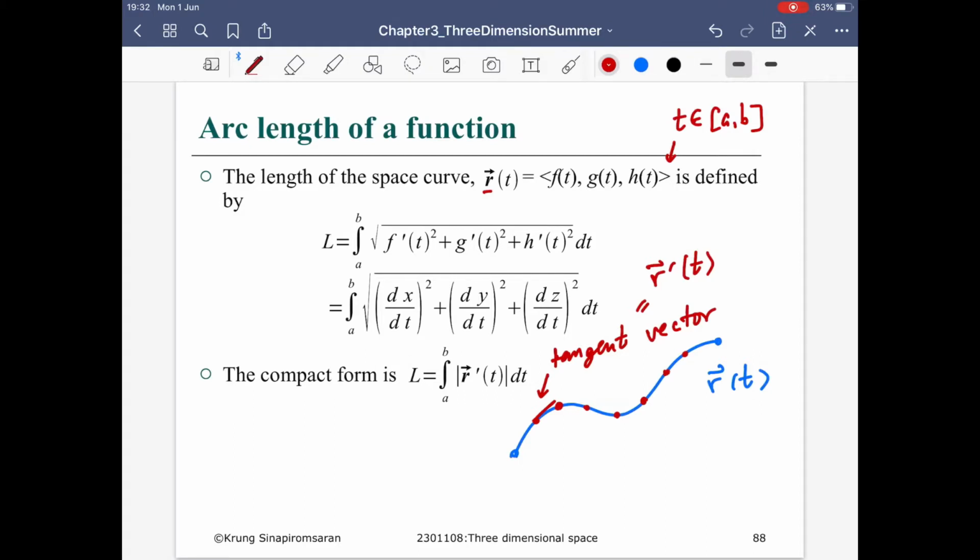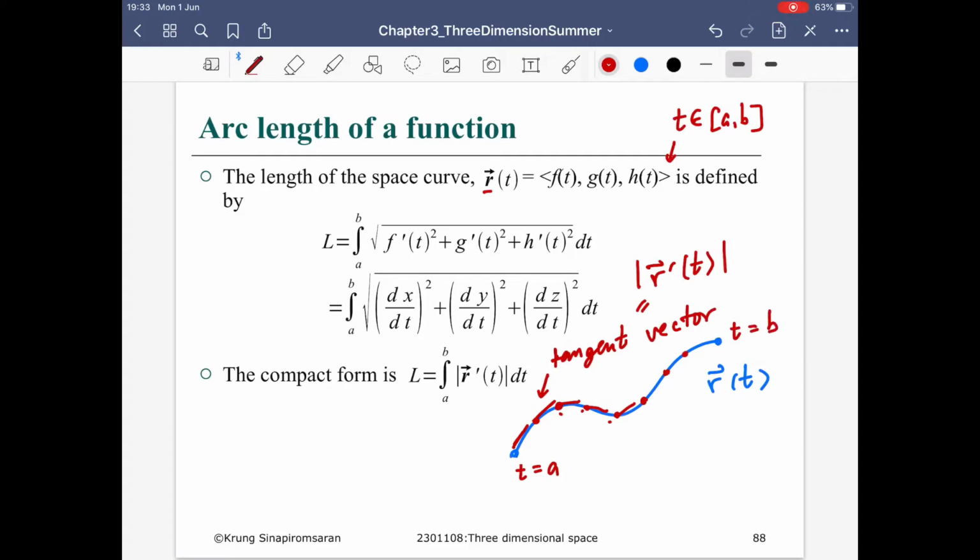Because we are finding the length of the curve, you are finding the length of the tangent vector at each and every point. So it looks like a piece of straight line, and you add them up together from t equals a to t equals b.